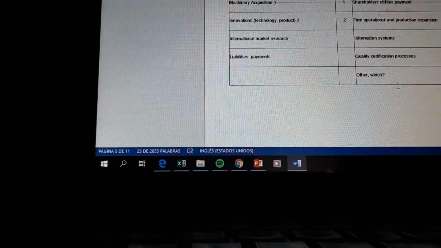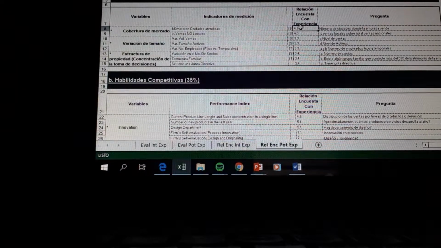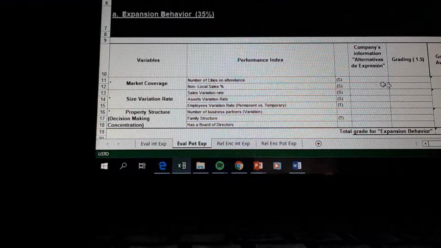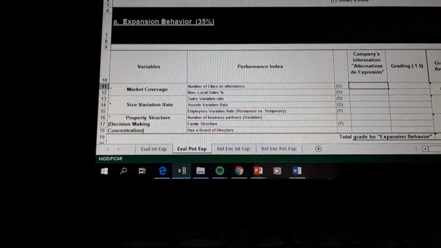For example, the file told us to look in question point 4.1, number of domestic cities. So we go back here, say 4.1. We will jump to the second working sheet and grade here. So this is 18.